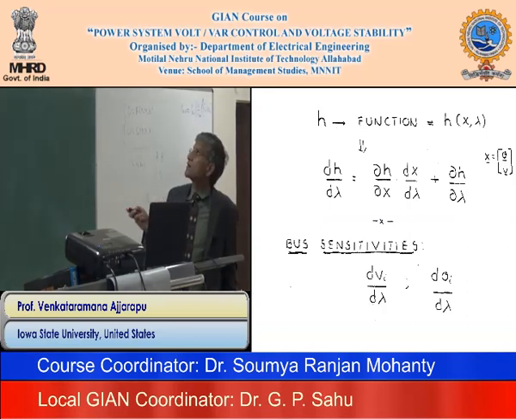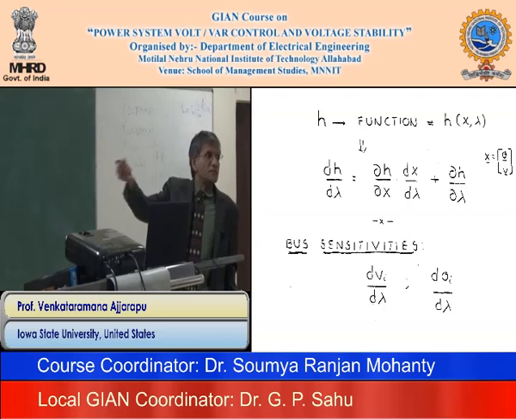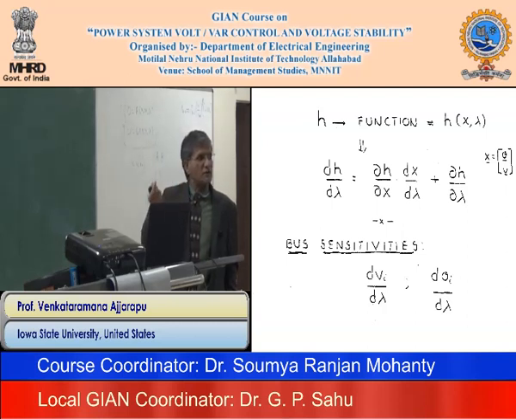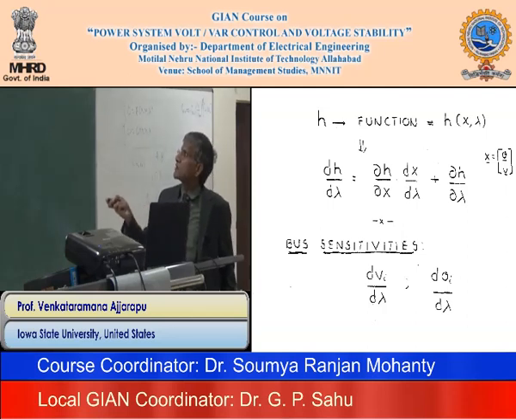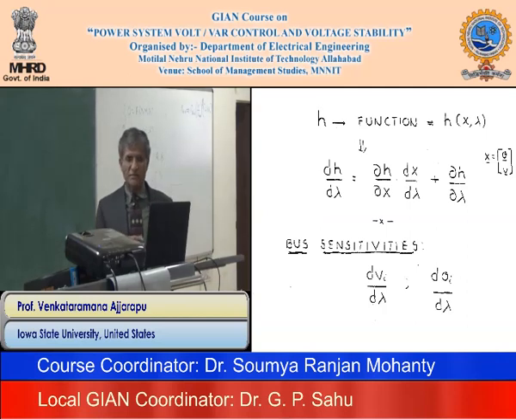So you can calculate h explicitly with respect to voltage and current, because you know Vi, Vj, and you know how to calculate current, right? Vi minus Vj divided by the impedance. So you know that, and from that you can calculate loss. So you can derive the loss expression in terms of all these parameters. Then you can calculate dh by d lambda, so dP loss by d lambda, and you can also calculate dQ loss by d lambda.